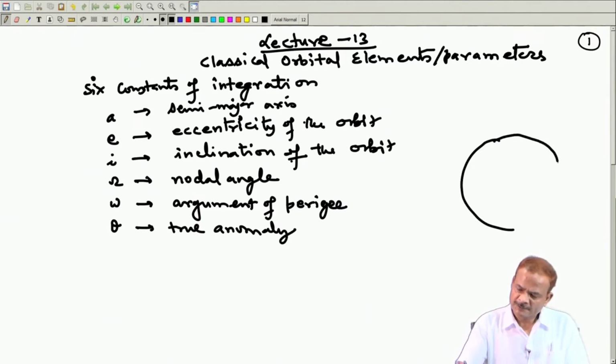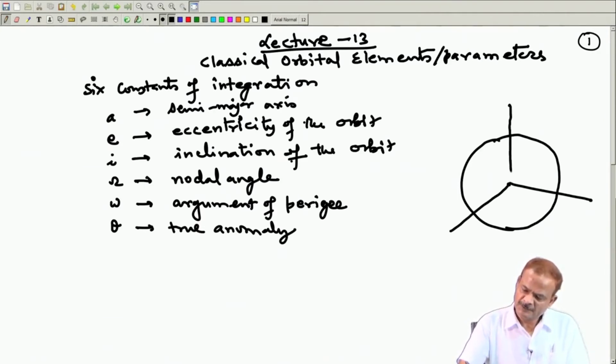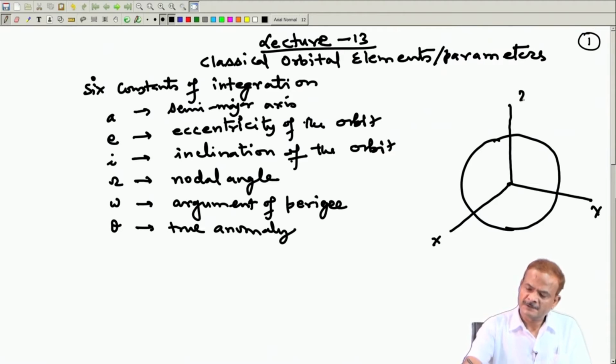If we discuss the case of Earth, at the center of Earth we can place an inertial reference frame which is not rotating along with the Earth. Let us say this is x, y, and z. The x y plane is the plane of the inertial reference frame, not the equatorial plane of the Earth.